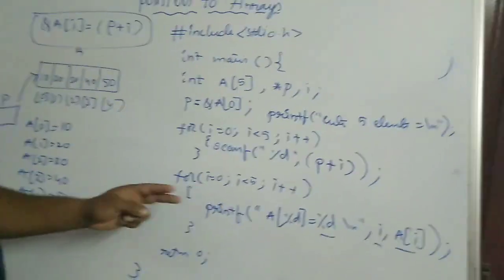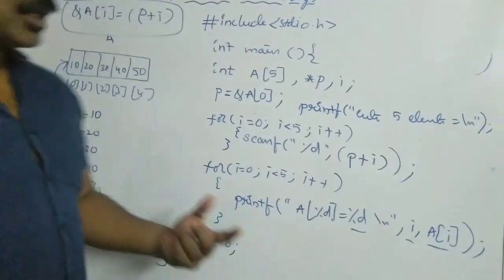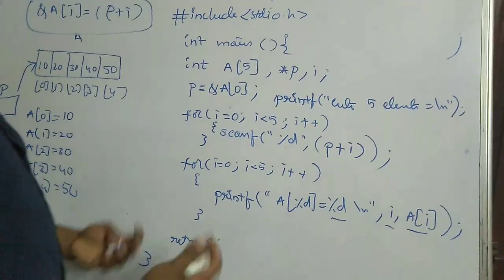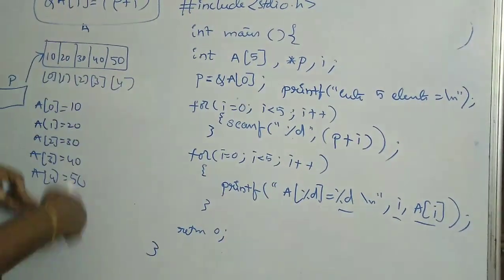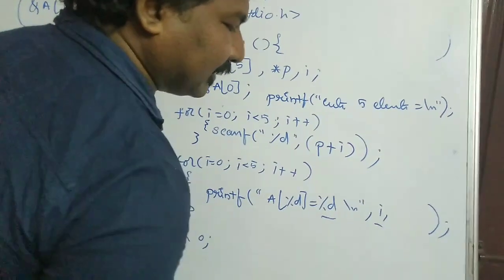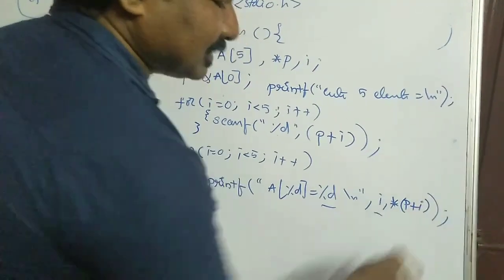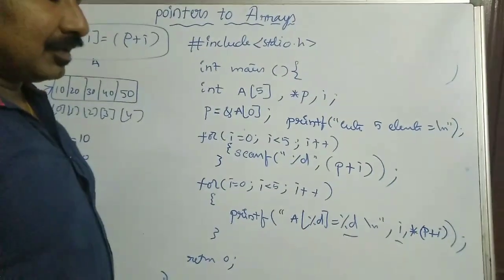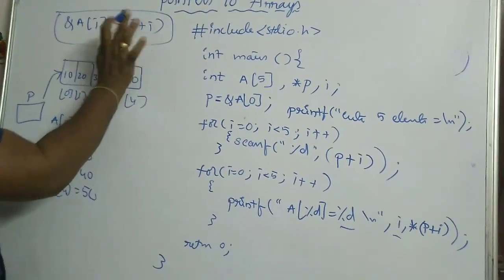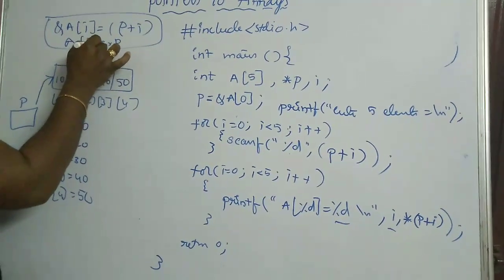So with the pointer you can directly read the values from the keyboard. This pointer will read the values and store them in these locations. Similarly, when I am trying to print these values, instead of A of i I can write star of p plus i. So this is another important concept, friends. That is, ampersand of A of i is equal to p plus i, and A of i is equal to star of p plus i.